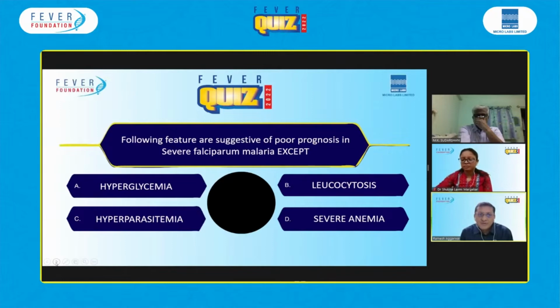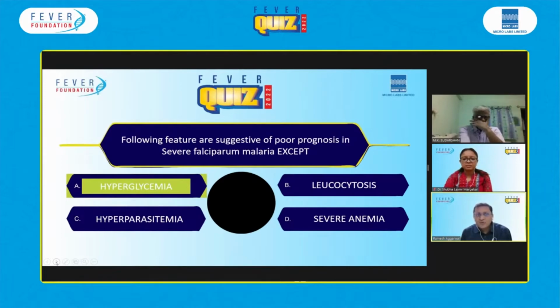Computer ji, can we have the right answer? Yeah. So hyperglycemia is the correct answer. That means it is not a poor prognostic marker. The poor prognostic markers are hyperparasitemia, leukocytosis, and severe anemia. What happens in malaria is hypoglycemia. It is because of the decreased gluconeogenesis.